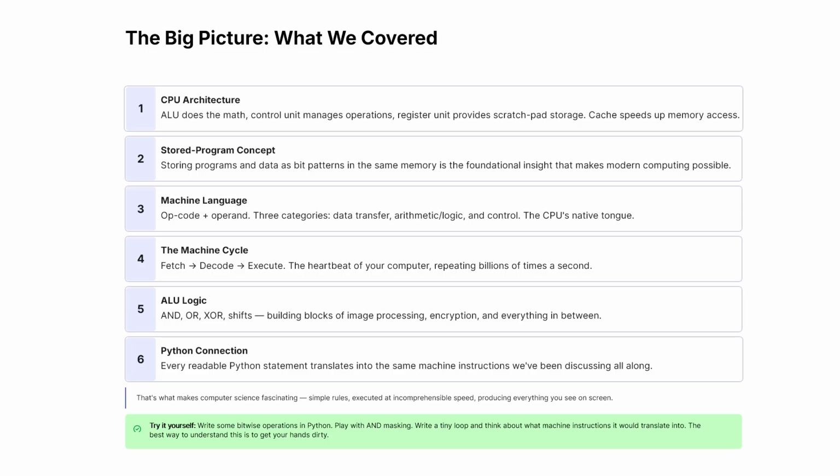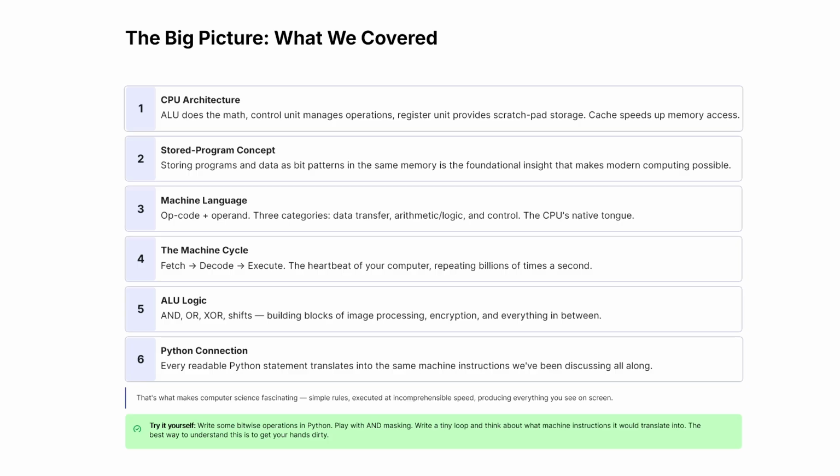Machine language is the set of instructions a CPU actually understands. Each instruction is a bit pattern with an opcode, the action, and an operand, the details. Instructions fall into three categories: data transfer, arithmetic/logic, and control.